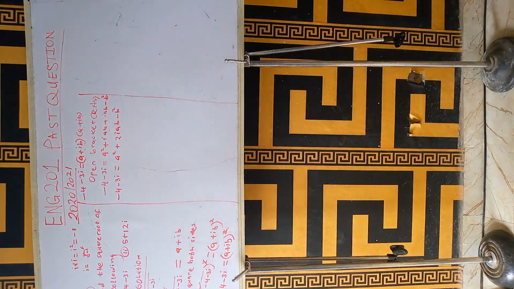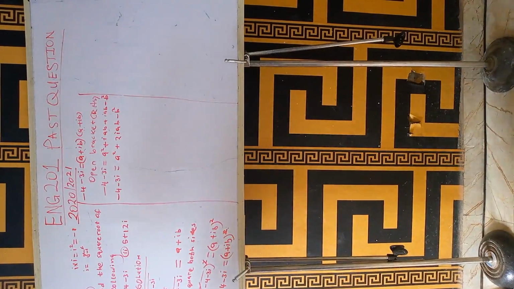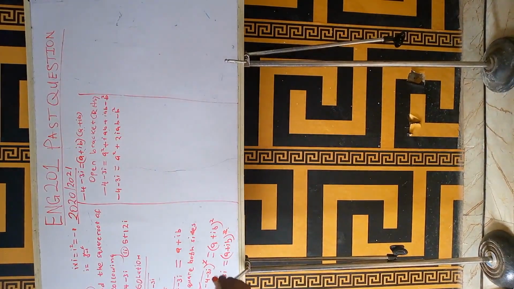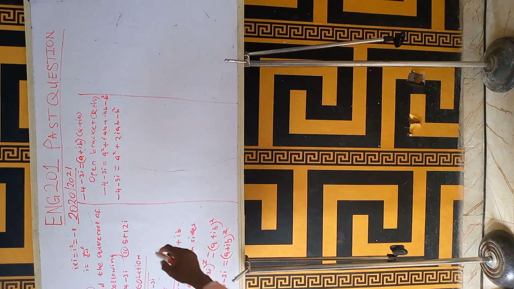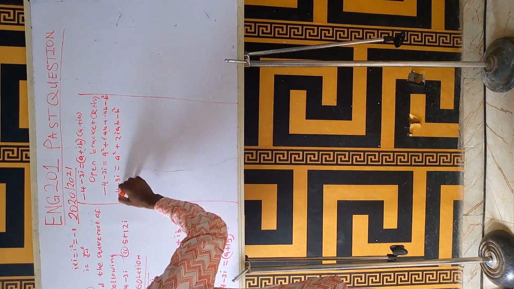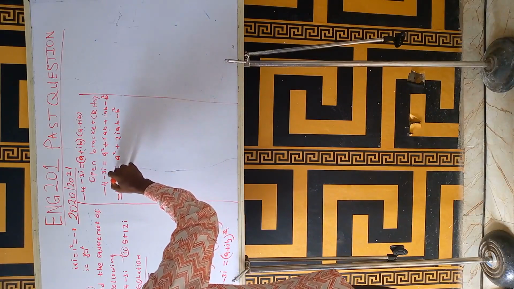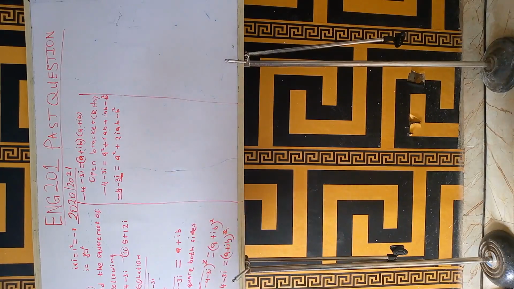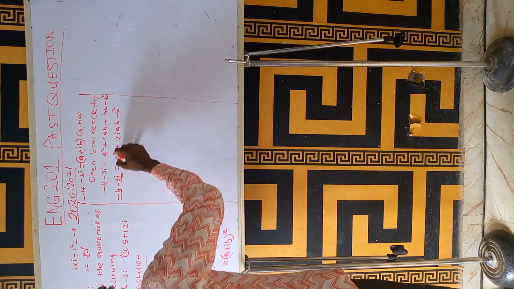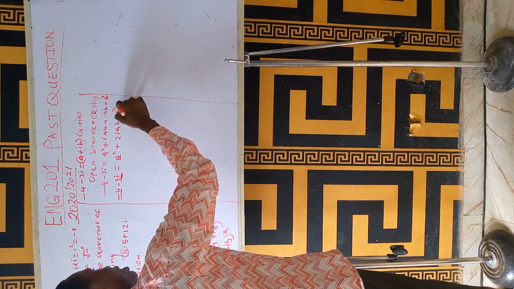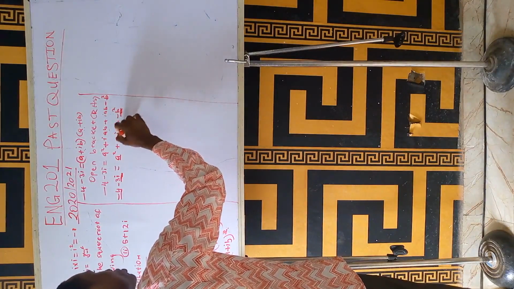After we get this equation, we are going to use what we call the comparing method. What do I mean by that? For the comparing method, this is a real number and this is an imaginary number. The reason we call it a complex number is because it is the addition of real and imaginary parts.